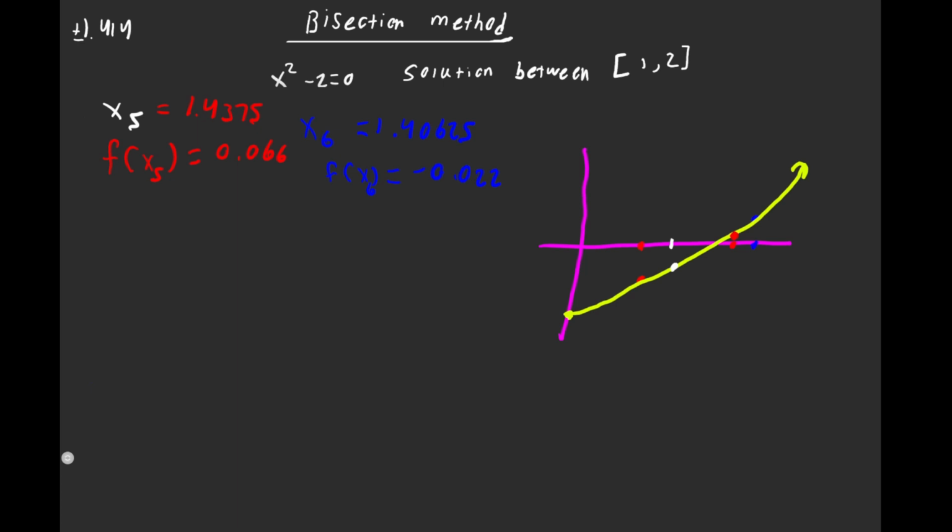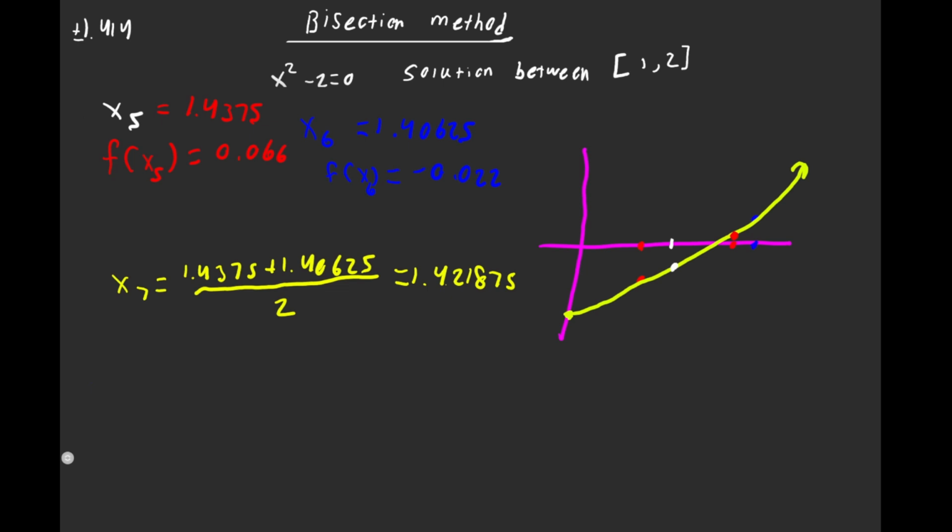So now what we will do is look for x sub 7, which is going to give us x sub 7 is equal to 1.4375 plus 1.40625 divided by 2, and it equals 1.421875.